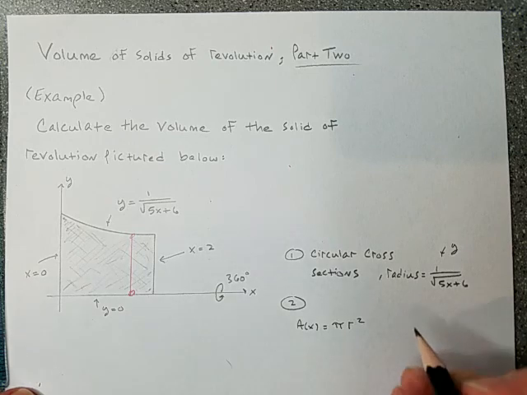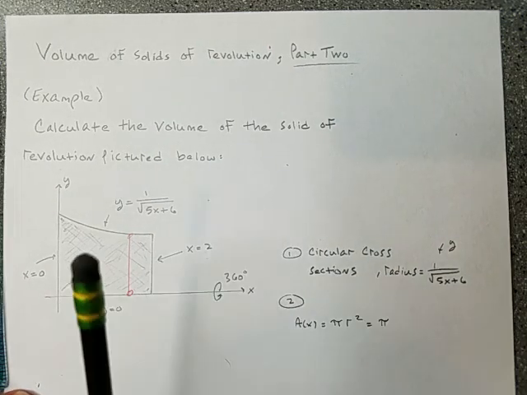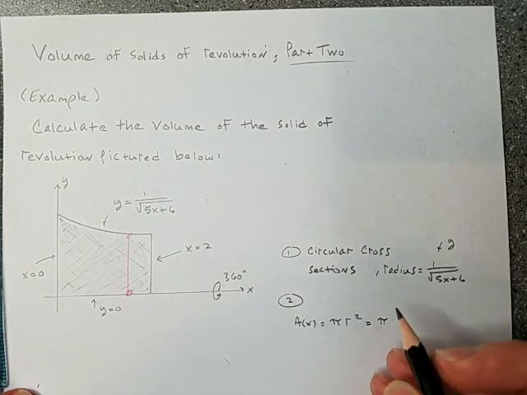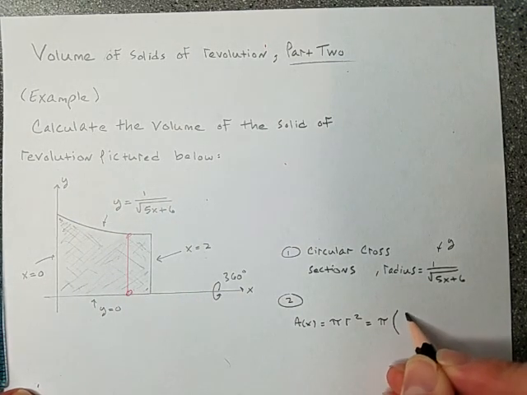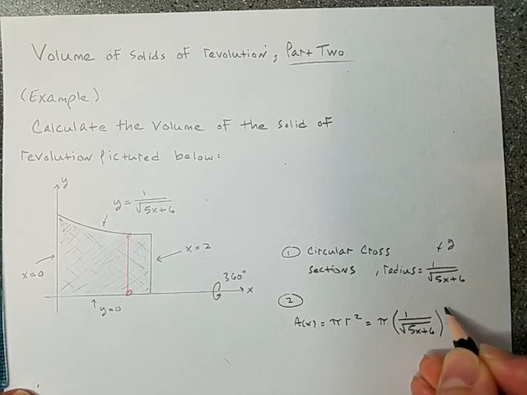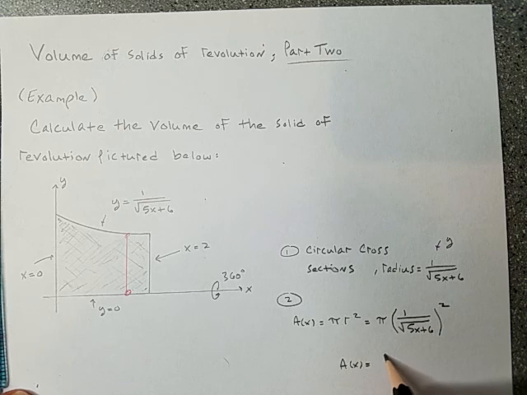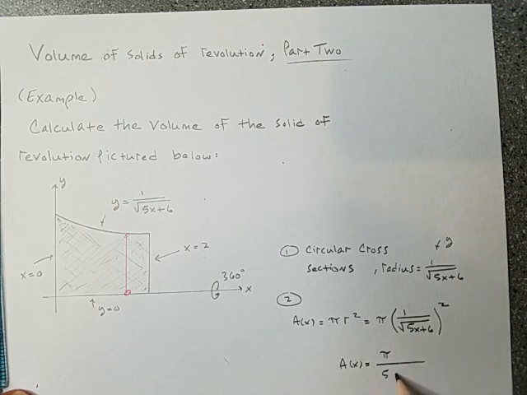Okay? So, all right, here we go. The area of the cross section is going to be pi times 1 over root 5x plus 6 squared. All right? In other words, A of x is going to be pi over 5x plus 6, right?